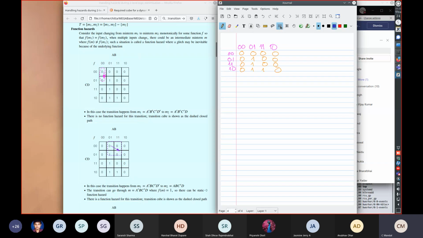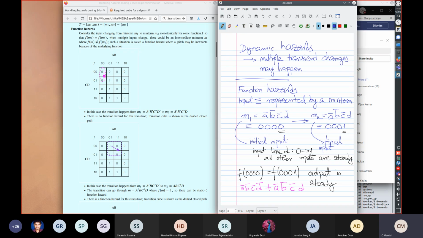Maybe I can just keep a copy of this. So here we are looking at this implementation.